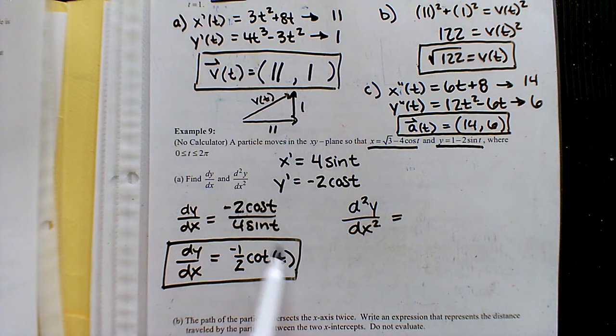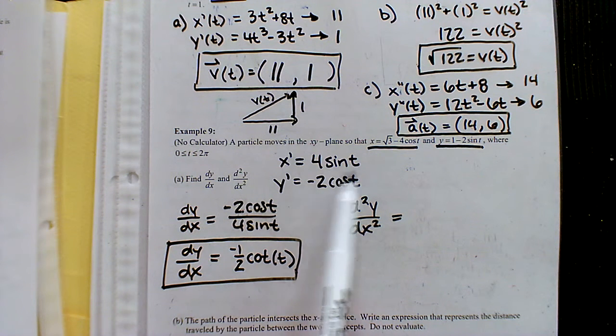Okay, so we have to take the derivative of the first derivative, but it's a little more complicated than that. We have to divide it by the x derivative, which we had up here. Okay, so let's think about this. The derivative of cotangent. Not quite.